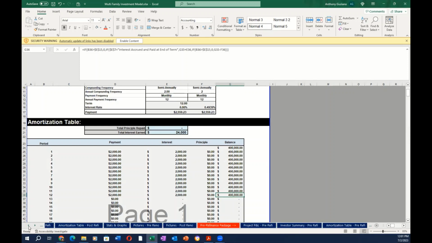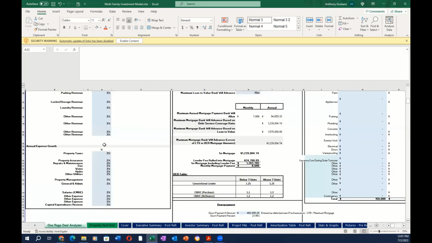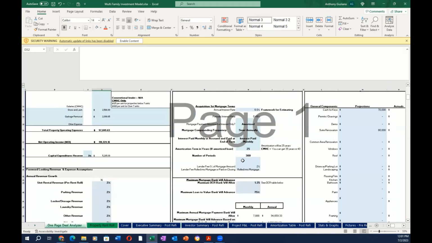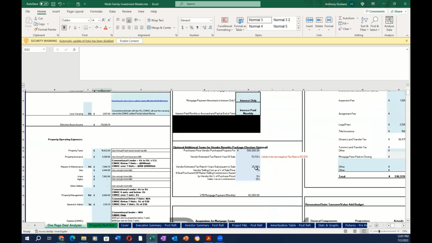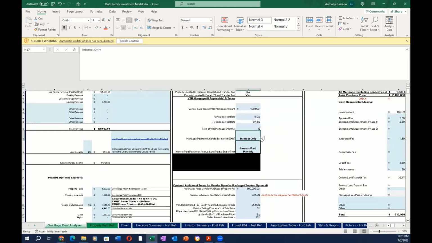Now, let's say if we go back to the analyzer tab, and in the VTB mortgage section, we selected, instead of interest paid monthly, that the interest was accrued and paid at the end of the term.